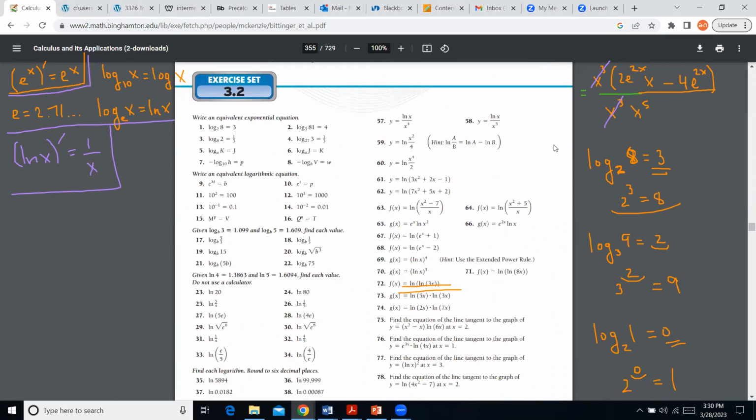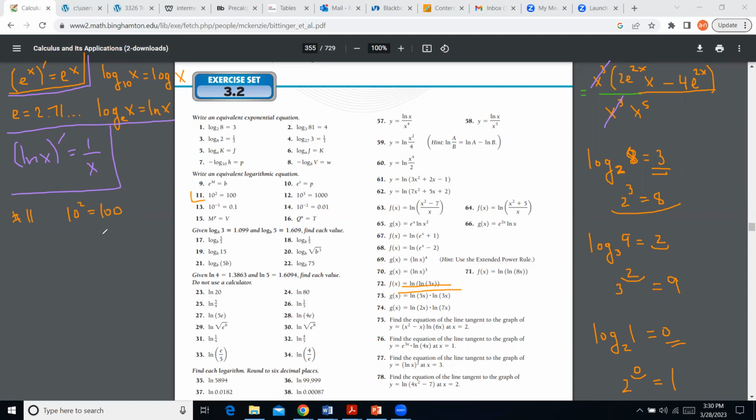So let me try an exercise, let's say problem number 11, that says to write this equation that contains logarithms using powers. So in exercise 11 in section 3.2, we have 10 to the second power, which is equal to 100.